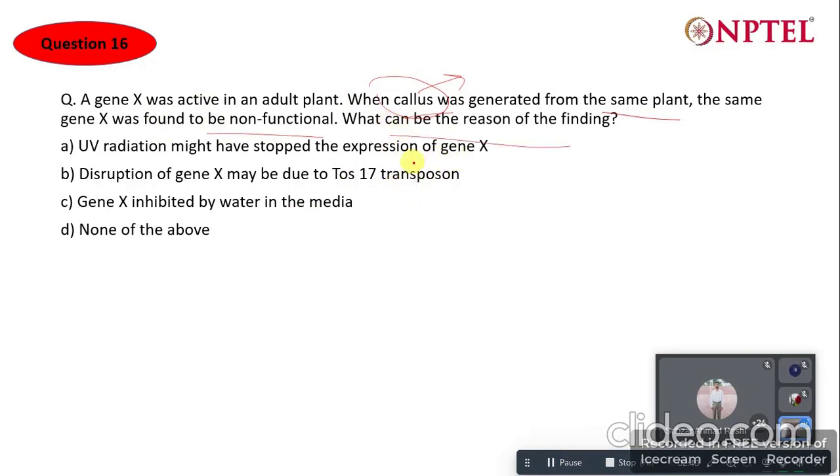The options say that UV radiation might have stopped the expression of gene X, or the disruption of gene X may be due to TOS17 transposon, or gene X might be inhibited by the water in the media, or none of the above options. So can anyone suggest what the correct option is?